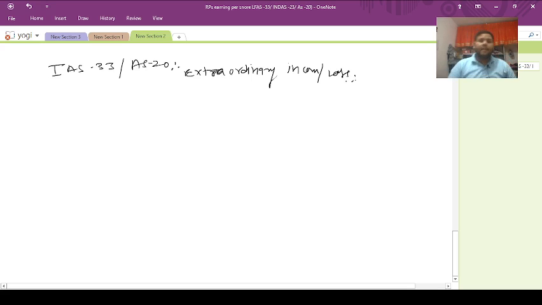In Accounting Standard 20, there is reporting of EPS before and after extraordinary income or loss, but in IAS 33 or Ind AS 33, there is no such concept of before and after extraordinary income or loss.